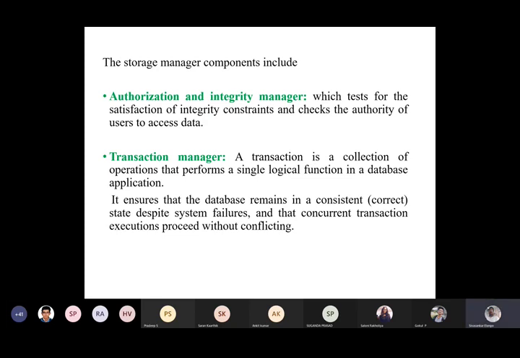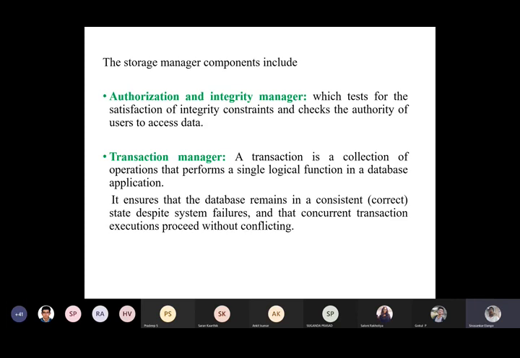A transaction manager ensures that the database remains in a consistent state. The database should be in a consistent state despite system failures, and concurrent transactions should execute without conflicts. So the transaction manager takes care of both the atomicity problem and the concurrent access anomaly problem. It ensures that the system is consistent irrespective of failures.